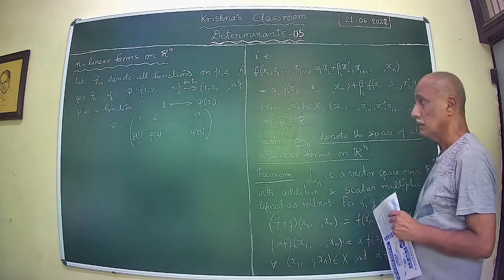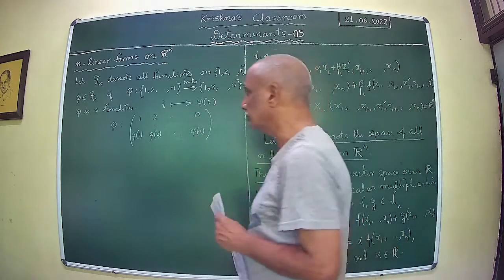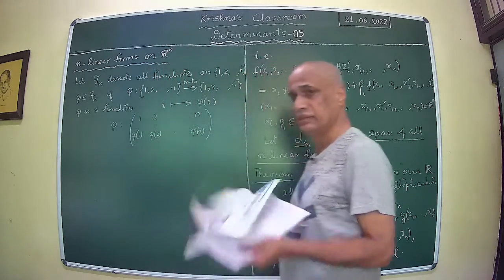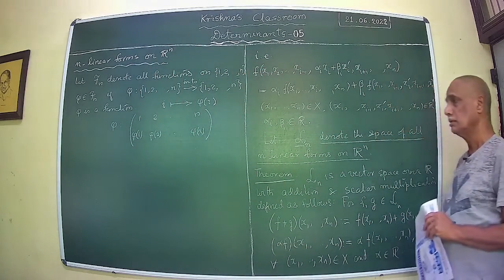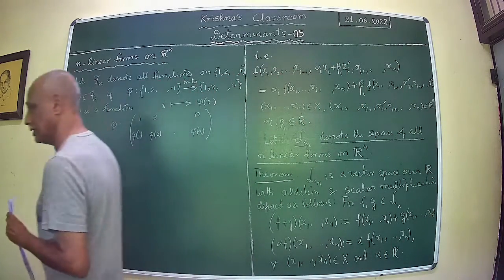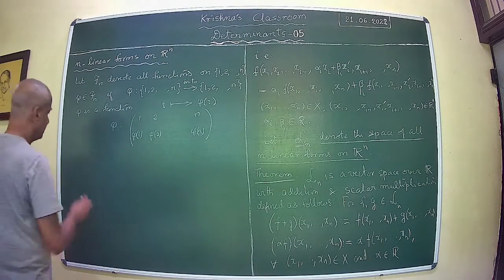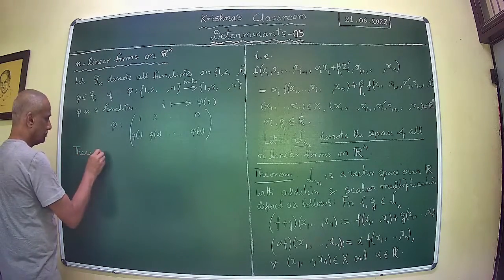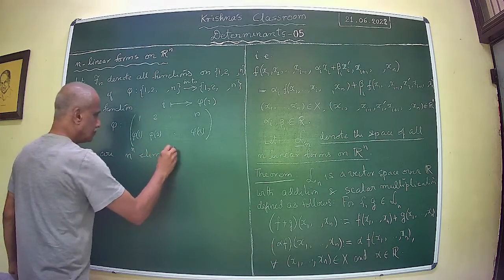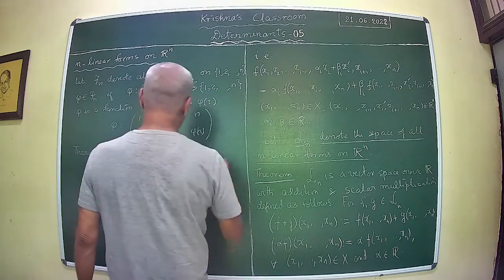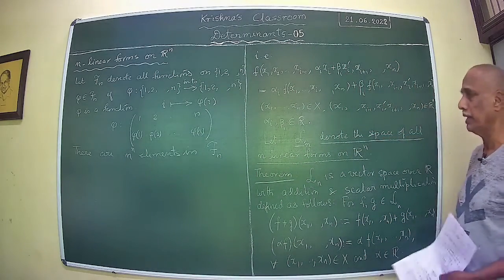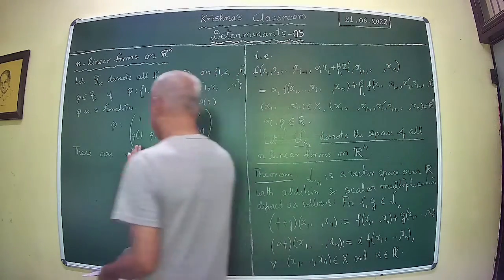So we denote by Fn the class of such functions. You know that it's a finite class of functions. Now you see that this consists of precisely n to the power n elements. What I mean to say, there are n to the power n distinct elements in Fn.